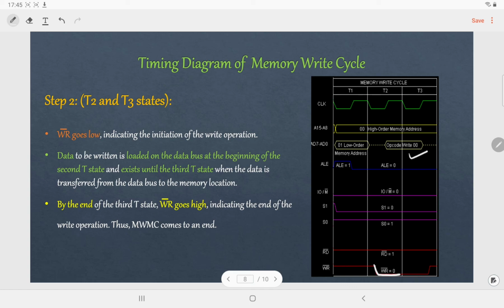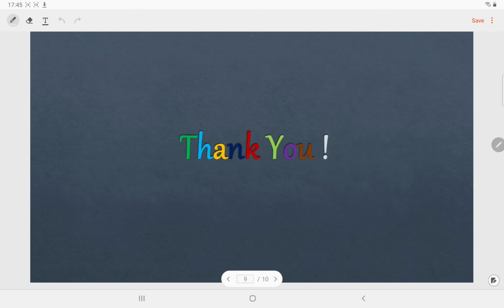By the end of the third T state, the WR bar will go high. It indicates the end of the write operation, and thus the memory write machine cycle will come to an end.